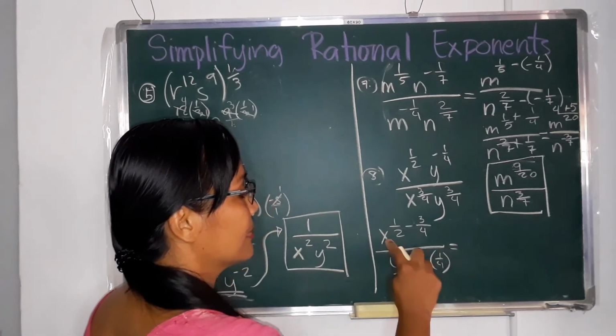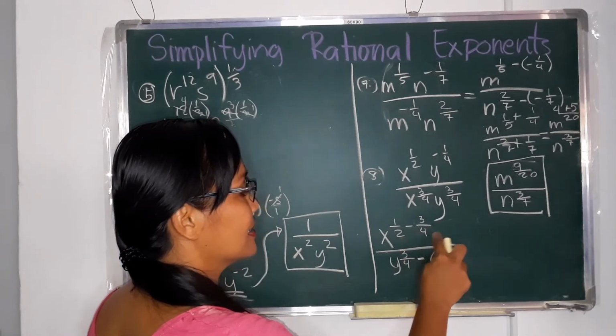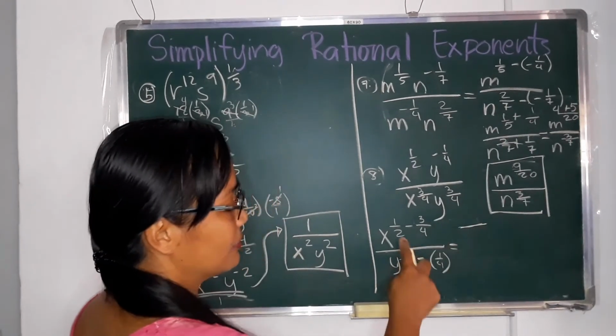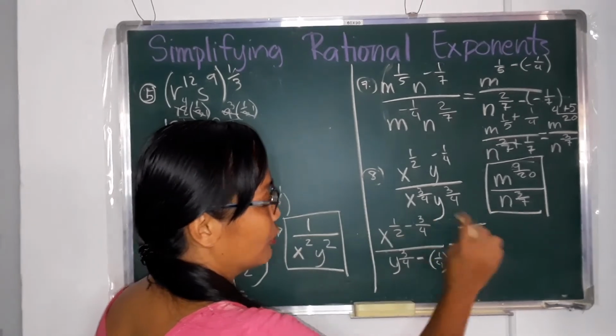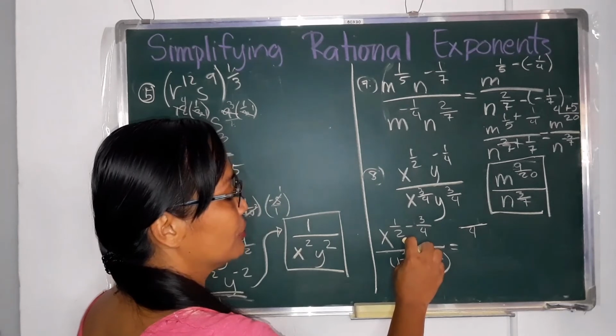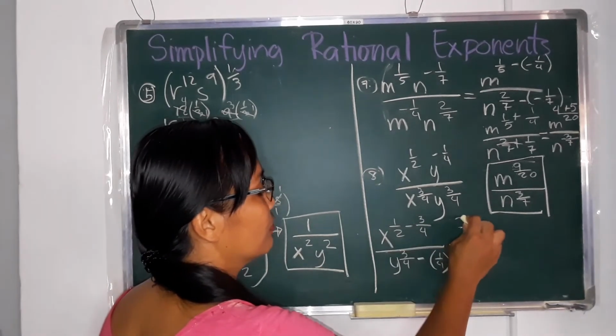Next step, simplify. Since they are unlike denominators, get the LCD, which is 4. So 4 divided by 2 is equal to 2. 2 times 1, we have 2.